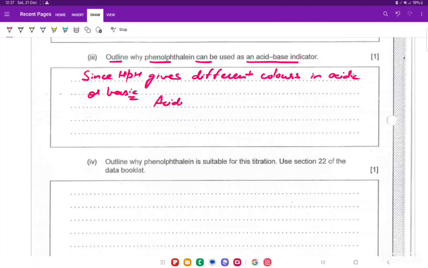In acidic medium, phenolphthalein remains colorless, whereas in basic medium, phenolphthalein turns pink. Thus it can be used as an indicator for acids and bases.